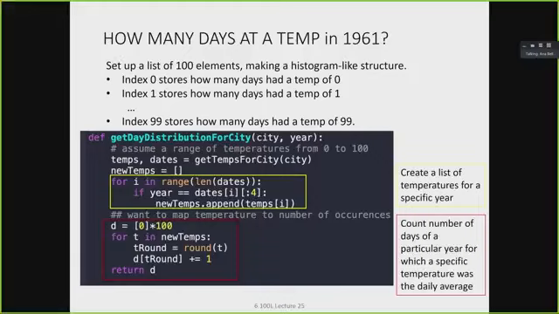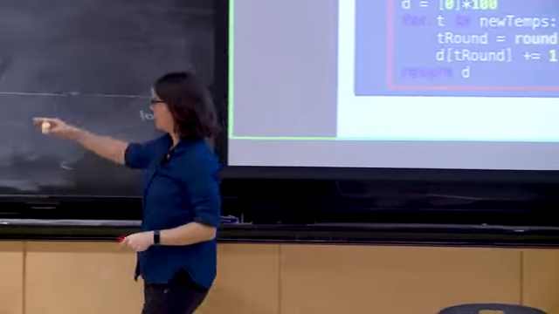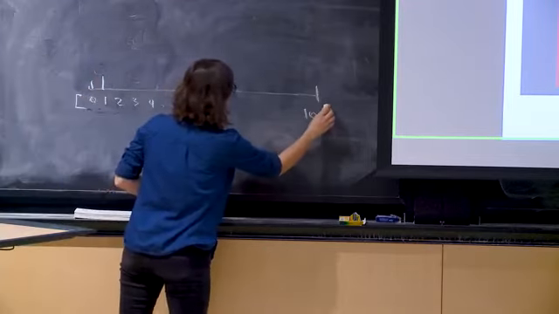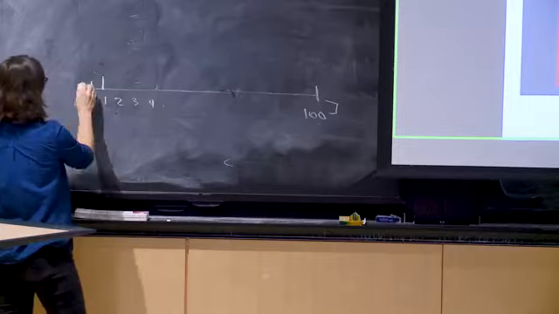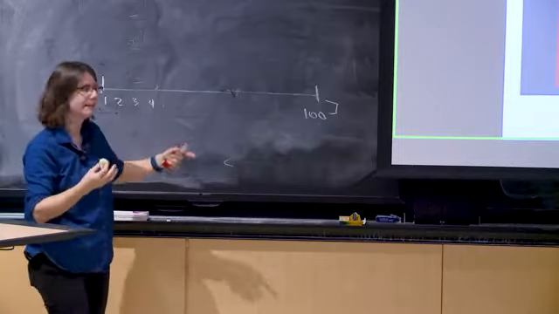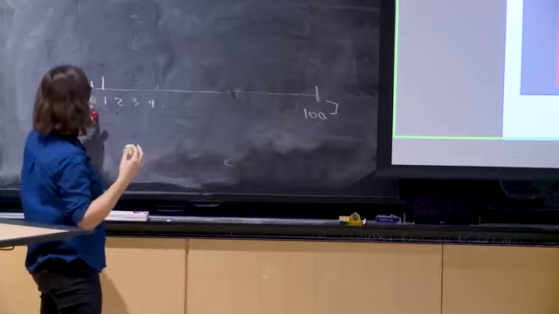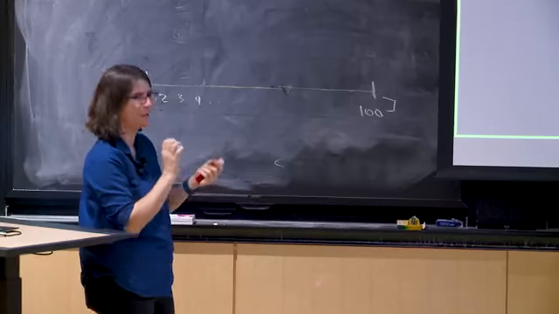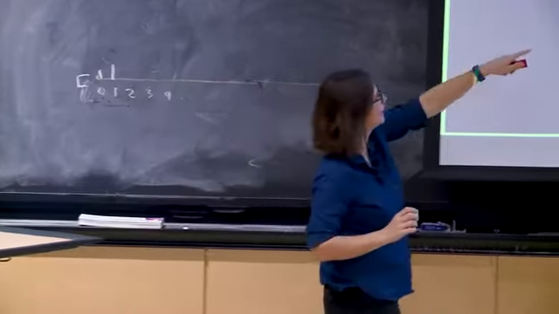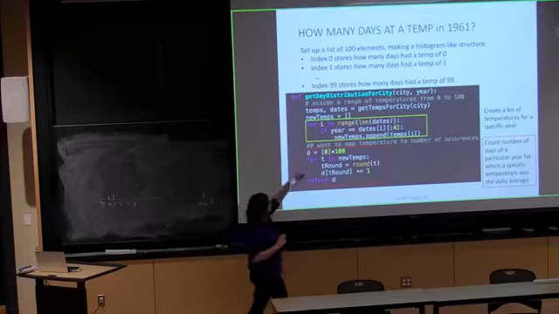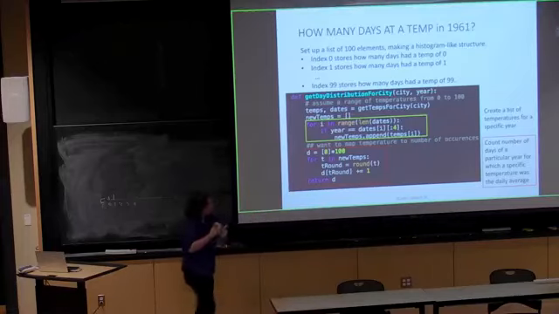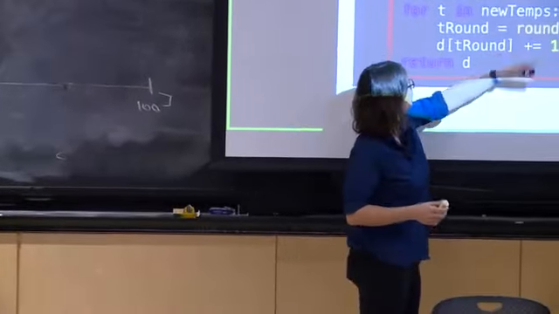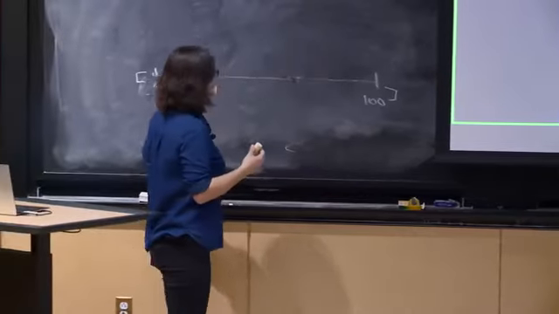And then down here is where I'm creating a list of 100 elements, right? So down here, you can think of it as a list like this. And the index worked out really nicely: the index is going to correspond to a temperature value, which is weird to think. It only works in this particular scenario with Fahrenheit temperatures. But the index in this list corresponds to a temperature. So as I'm iterating through my list of temperatures over 365 days in a year, I'm going to round that temperature, and I'm going to add it to the index that I believe it belongs to, right?